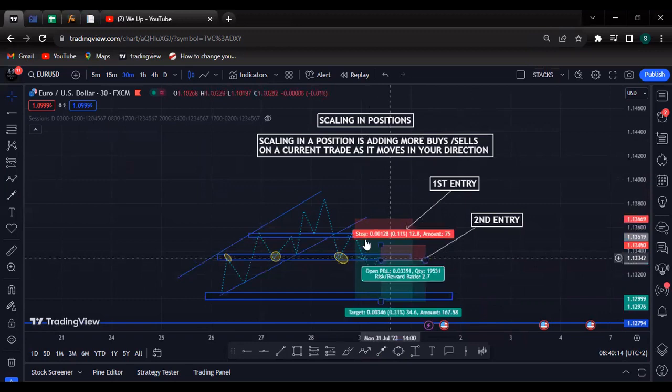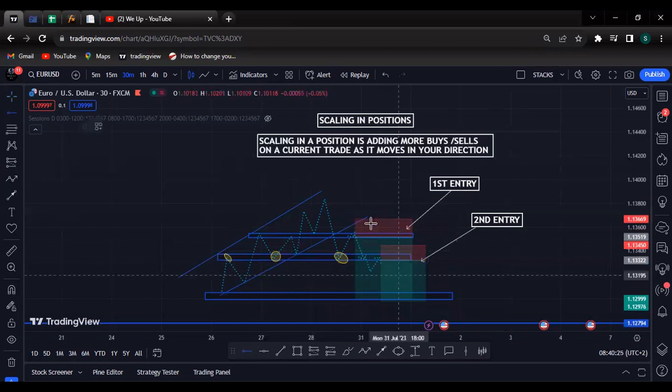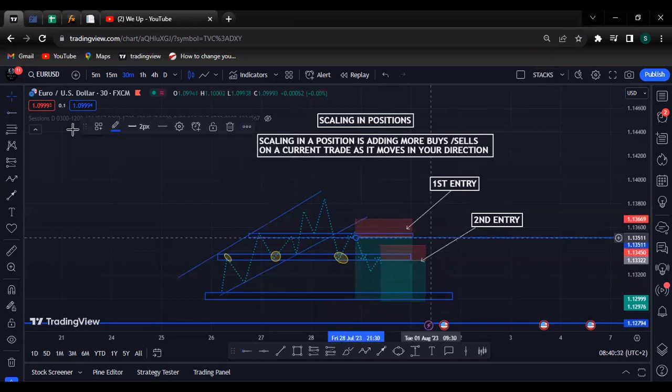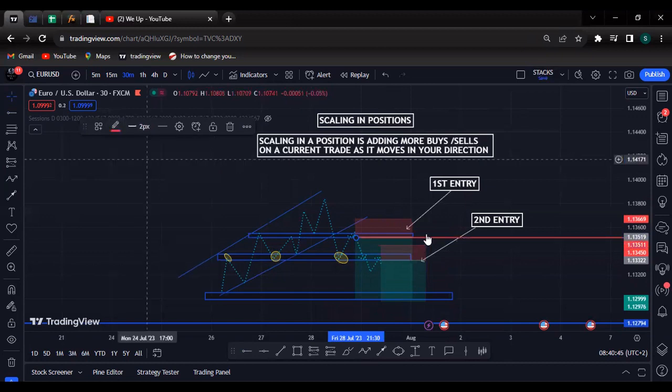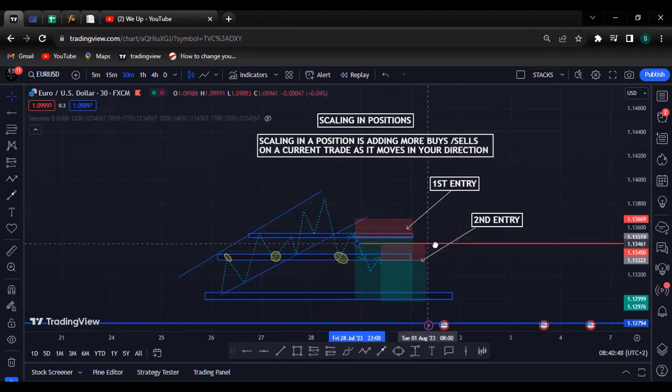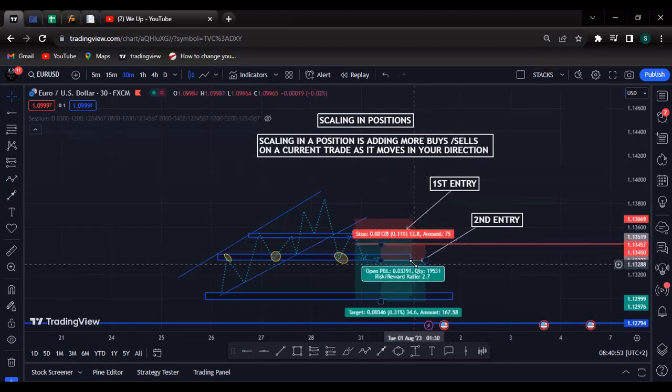So now we have this entry running and this entry. From here, as you can see, the stop loss is here. What you're going to do is take the stop loss for your first entry, and let me make it red, it will now be the same as the stop loss for your second entry.